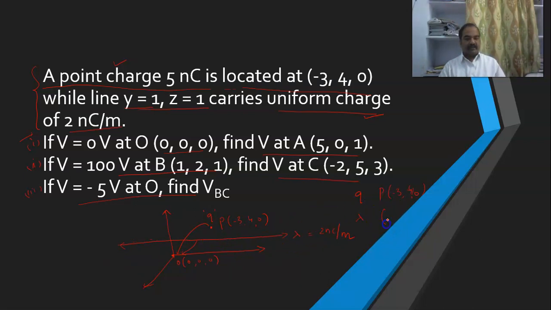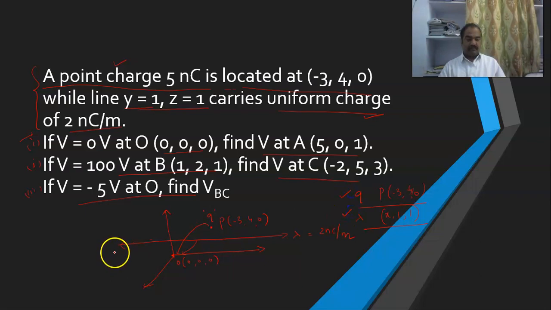So the x coordinate is unknown, it is x, whereas the y coordinate is fixed at 1, and the z coordinate is fixed at 1. So these are the locations of these two charges. One is a point charge, the other one is a line charge. This x will be varying all the time. So now you are supposed to determine a potential due to these two charges.